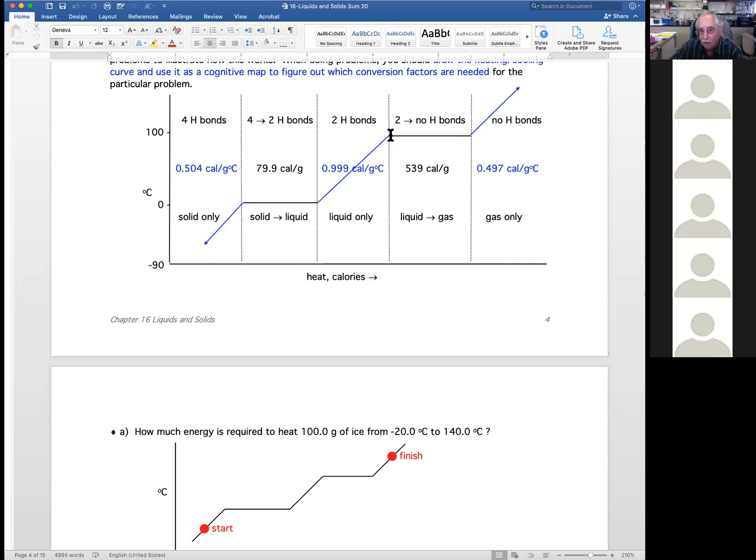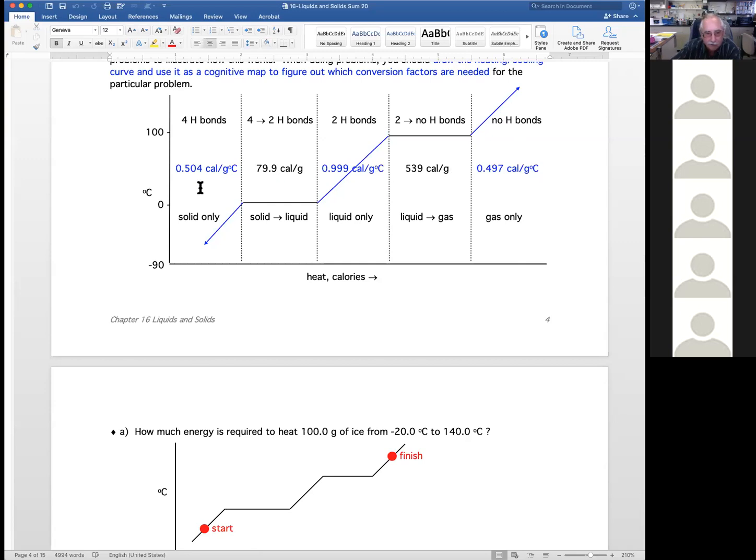So here we're at 100% liquid at 100 degrees, 50% liquid, 50% gas at 100 degrees. Here we are 100% gas at 100 degrees. And magically enough, if you add more heat energy to the gas, the temperature goes up.